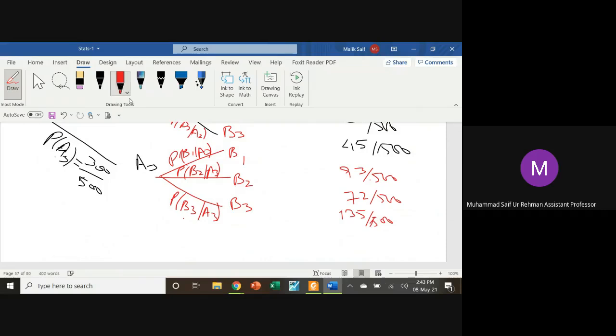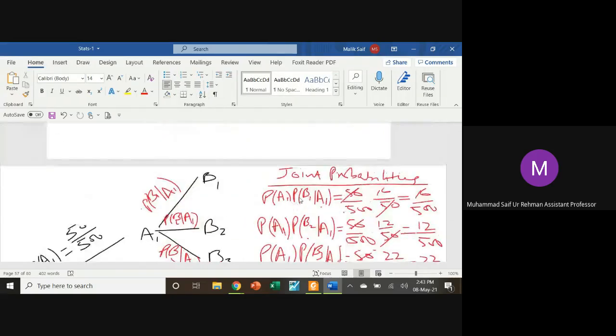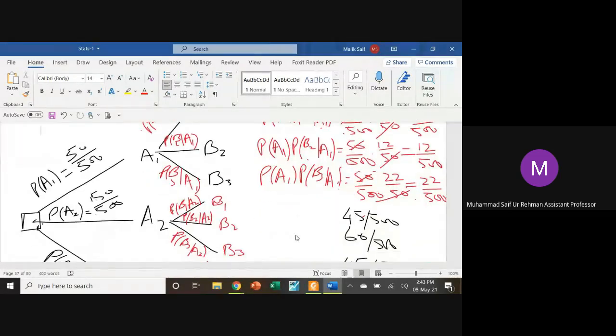So you would write down these probabilities in this way. You would also write down these notations, probability of A2 and then probability of B1 given A2, like this. Then you will multiply. Then finally you will write down this column that I have written over here.